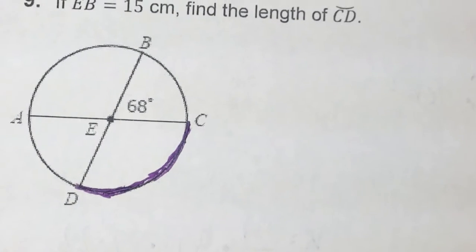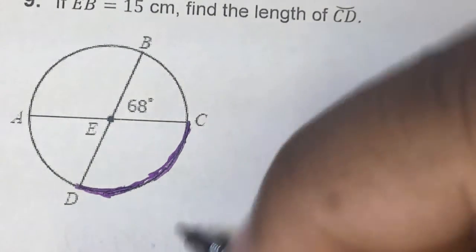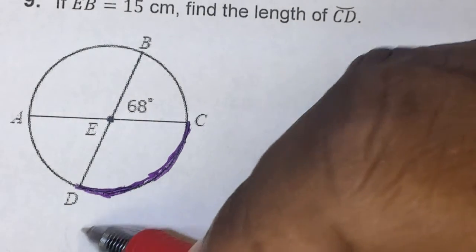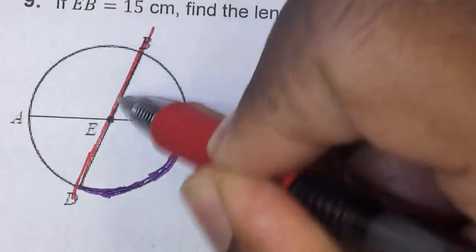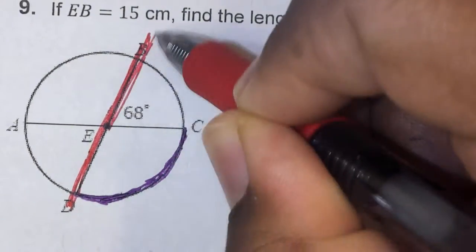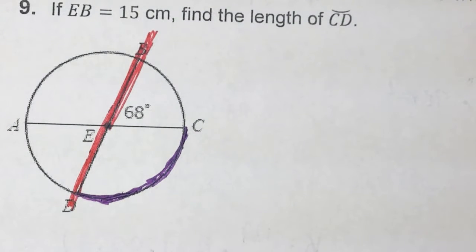Listen. Let me show you what she's seeing. What you all should have seen. BD is what? BD is 30. It is a line, though, isn't it? Is it a line? Yeah.